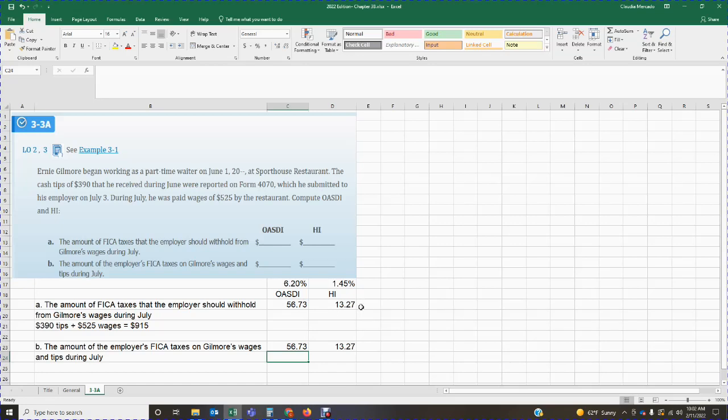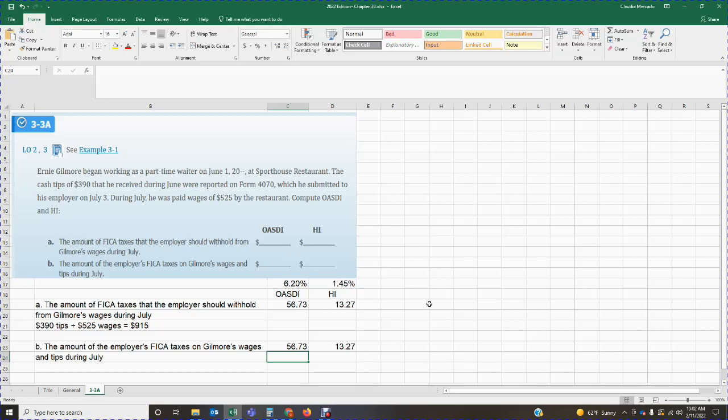The employer needs to put into those liability accounts, because we have to pay these OASDI and HI taxes. We are going to put in the same amount. We're going to match it. We're going to put in $56.73 and $13.27. This is a cost to me, the company, for having Gilmore as an employee. I have to pay payroll taxes, OASDI and HI being two of them.